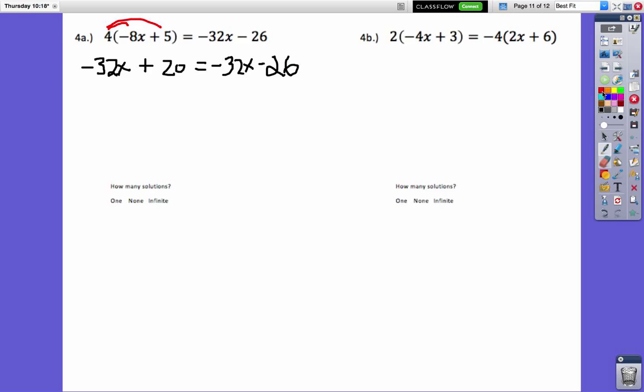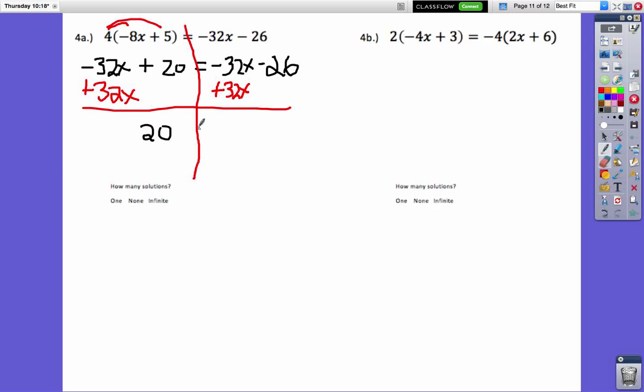Now, we're going to go ahead and solve this as much as we can. So let's get rid of our variables on both sides here. I'll add 32x to this side. Do the same thing on the other side. We're going to add 32x to the other side. And so what we're going to be left with then is 20 is equal to negative 26.